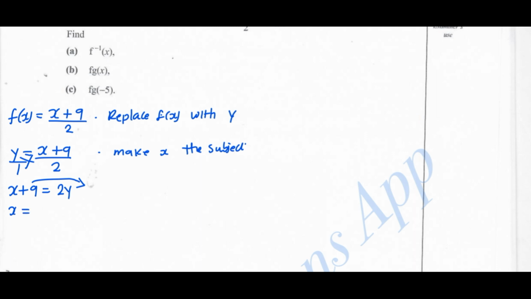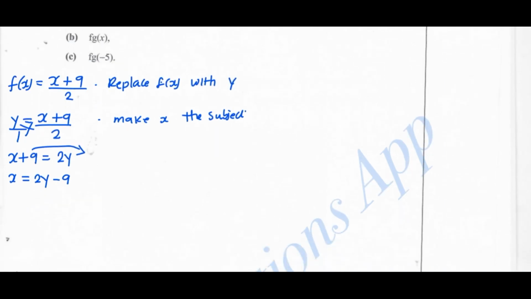This will be x is equal to 2y minus 9. So you can see that we have x as the subject of the formula. Therefore f inverse of x is equal to 2x minus 9, where there is y, you replace with x. So that's our final answer.